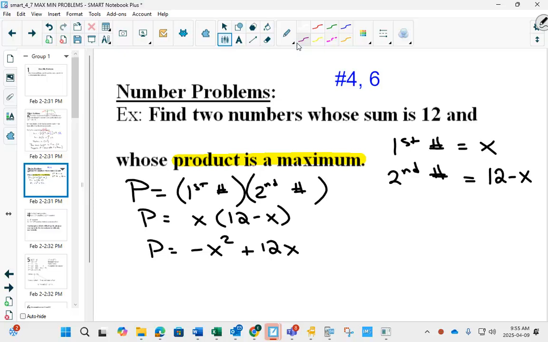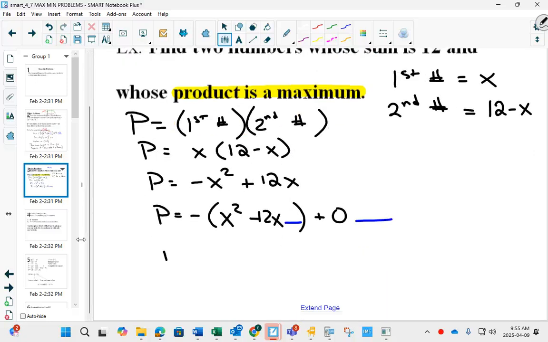So we have to complete the square. We always factor out, in this case it's going to be a negative. I'm going to put plus 0 here because there is no number, but I always write something there. You don't have to write plus 0, you could just leave it blank. If I factor the negative out, this will be x squared, and negative out of this will be minus 12x. I leave a space. Product equals.